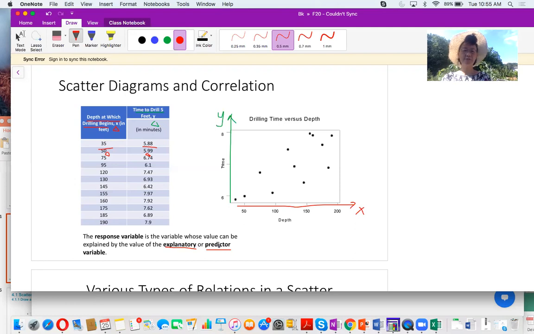Explanatory variable, predictor variable, x variable, they all refer to this horizontal axis, okay, horizontal axis. And y variable, we also call response variable or y, refer to this vertical axis.